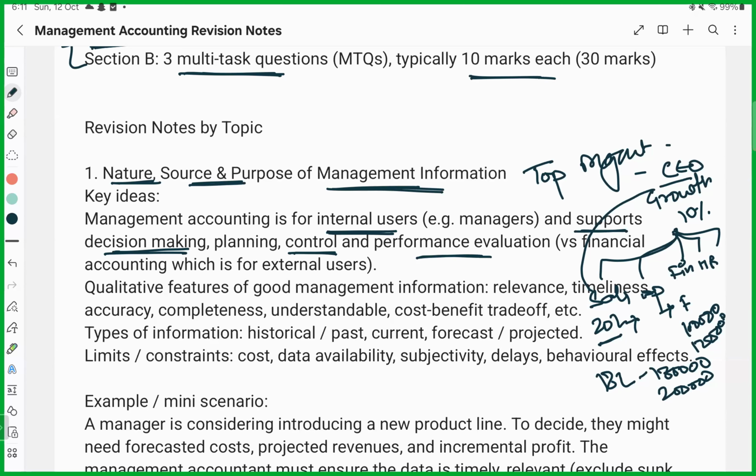So the information on what has actually happened versus what was asked for helps me in evaluating the performances.